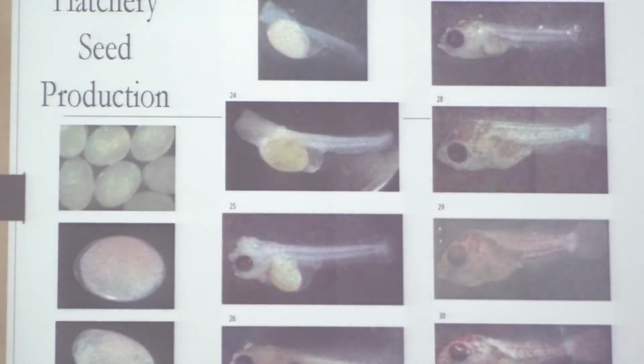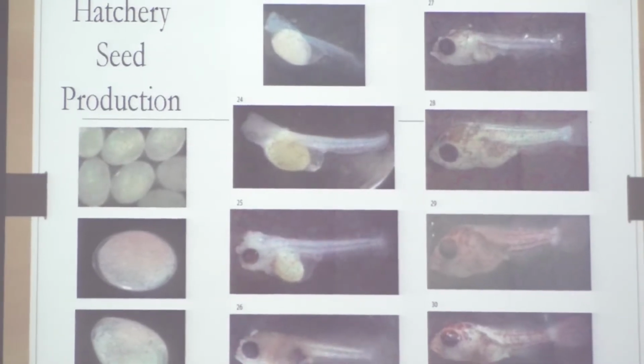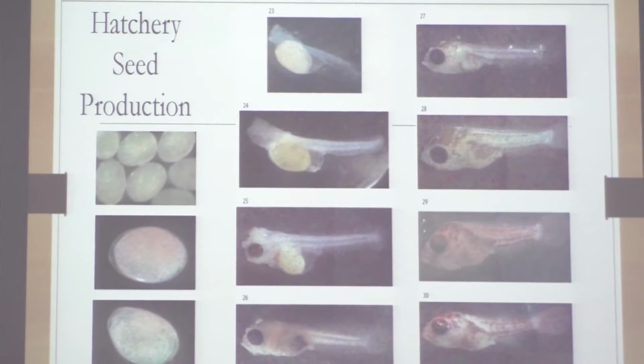Now let me just briefly explain what exactly is the feeding strategy of a fish. So you could see here is the fertilized egg, and this fertilized egg undergoes cleavage, that is division of a single cell into multiple cells, and that process is called blastulation.